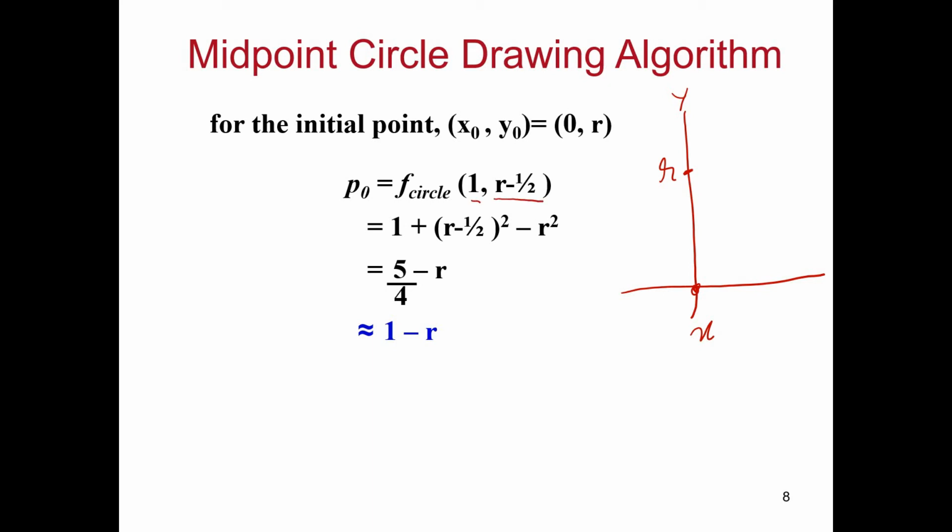This is the formula that we will be using, which is equal to 5 divided by 4 minus r, or approximately we can take 1 minus r. So try to remember this formula. Simply p0 is equal to 1 minus r. This is an approximation.